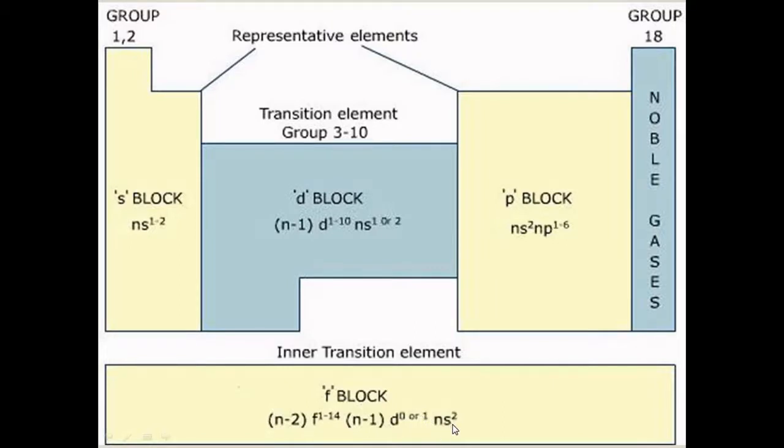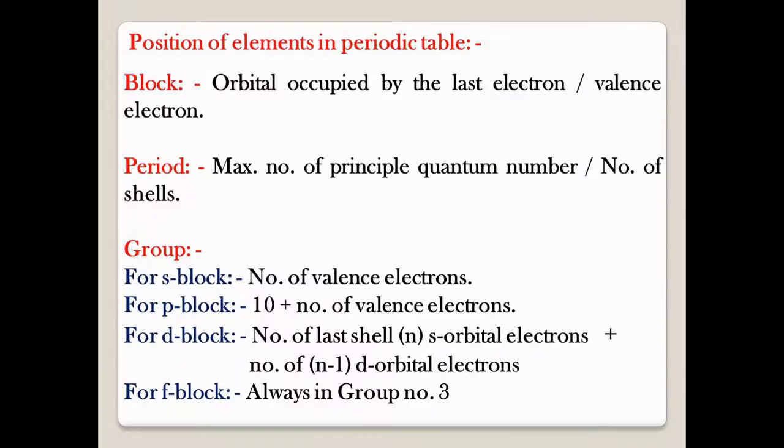Okay, this is the electronic configuration for blocks, that is S block, P block, D block and F block. Okay, let's see the position of elements in the periodic table now.